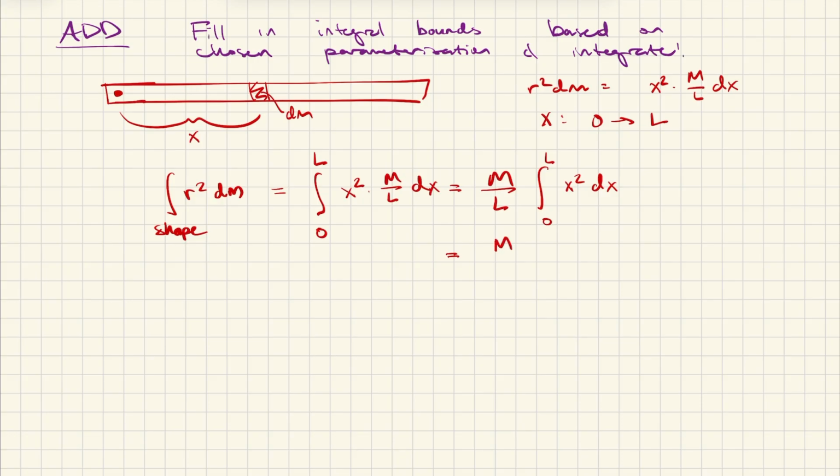We know that the antiderivative of this is 1/3 times x cubed evaluated at the boundary 0 to L. And this is going to be m over L times 1/3 times L cubed. If we do a little simplification, we can see that one of these factors of L goes away, and we have 1/3 times m times L squared in total.